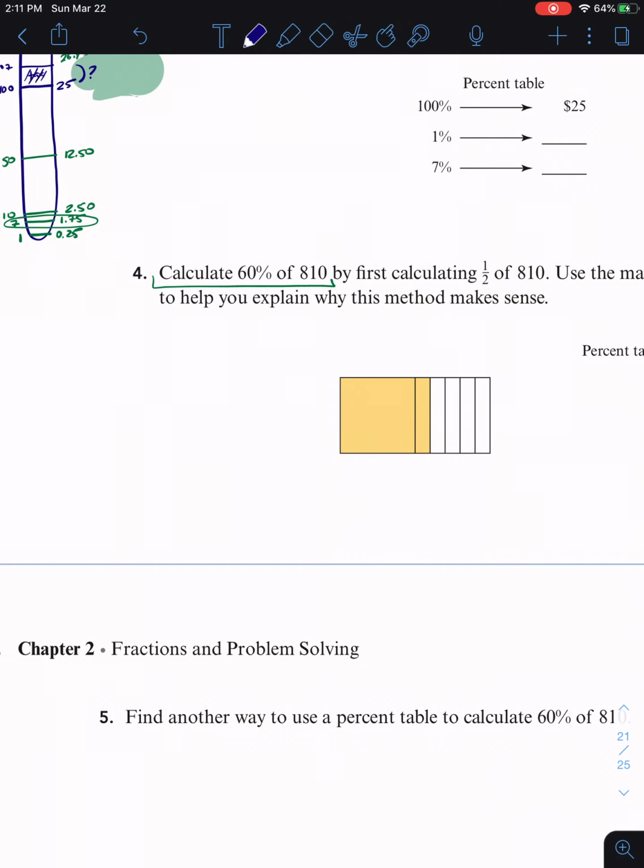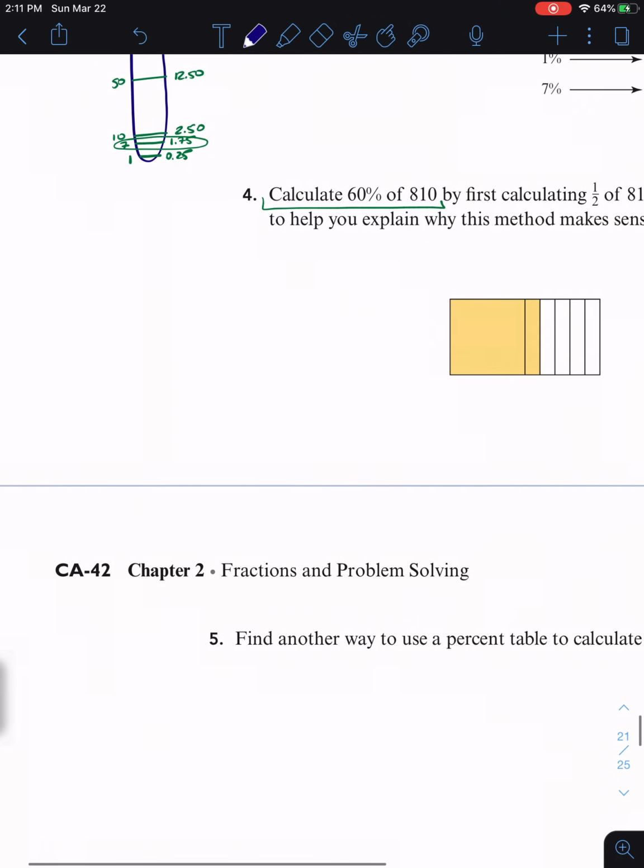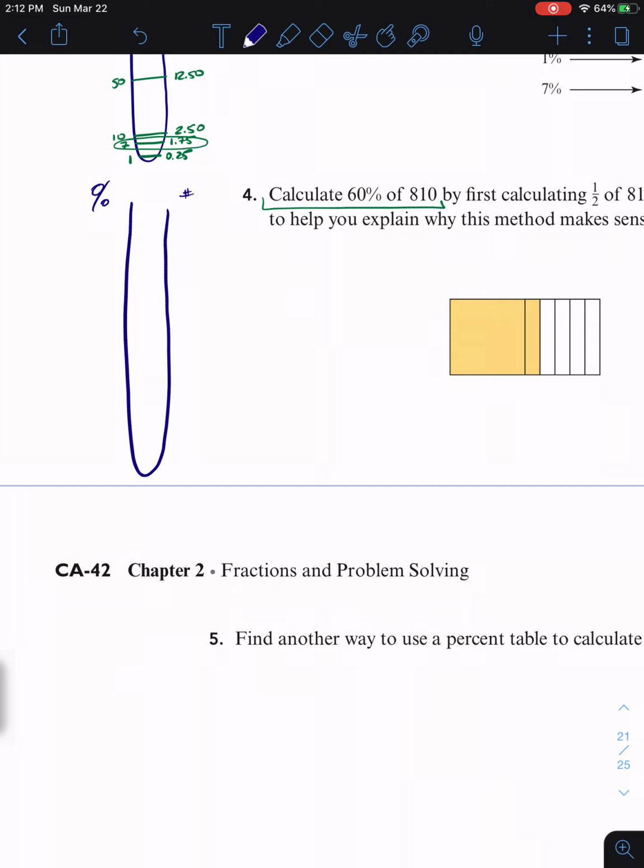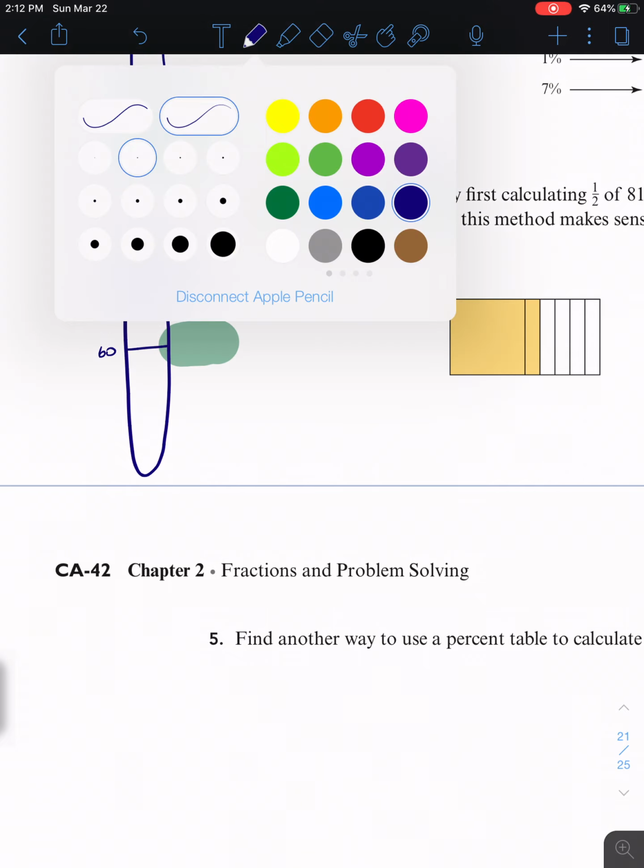You can if you'd like, but with a percent thermometer, I like to give a lot more freedom for kids to use whatever strategy they want. So calculate 60% of 810. This is our whole. So 810, that's our whole, and we want 60%. And that's what we want to find out.